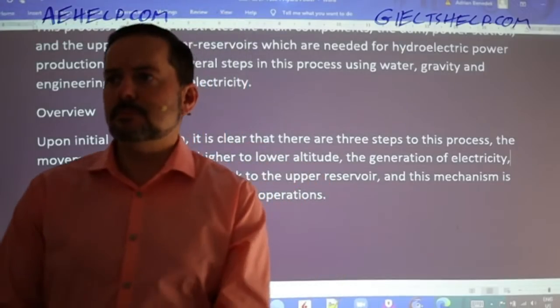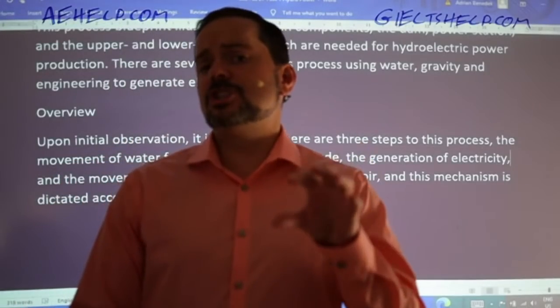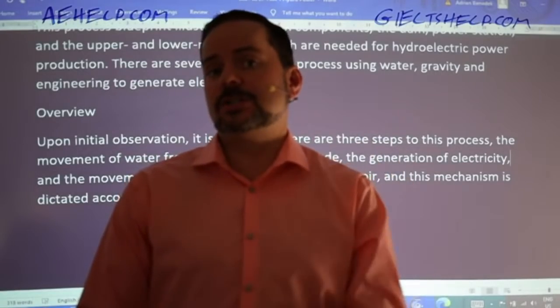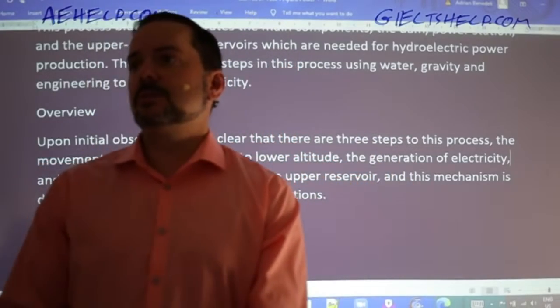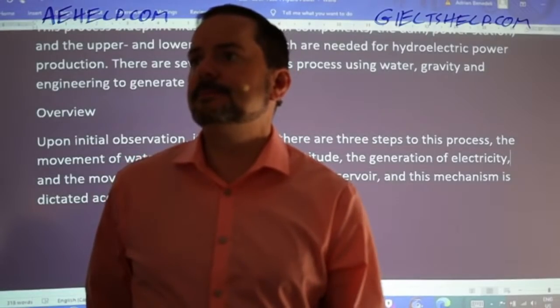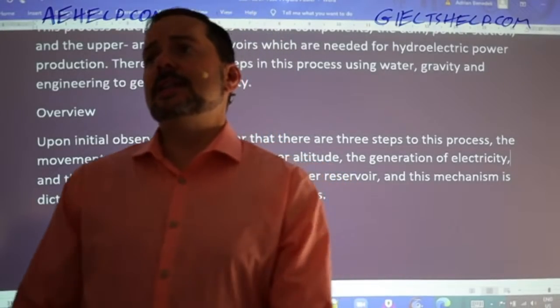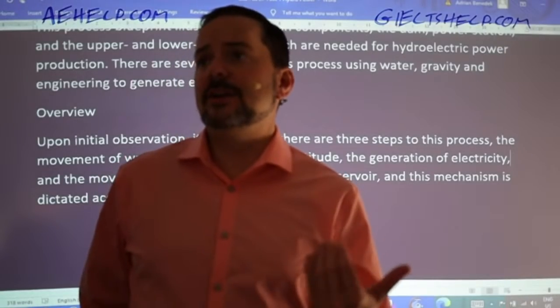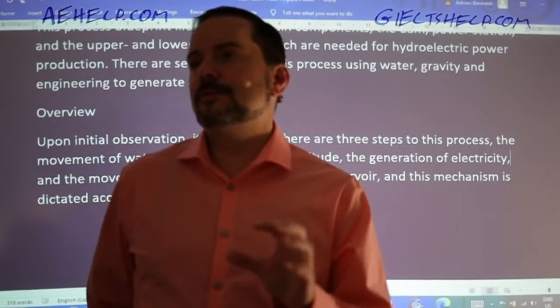At this point, just mention the overview. So what you actually see as the main parts of this process. I hope that makes sense. So again, Mohit, talking about the pump and how the pump is used to get it back to the higher altitude, that's more for the analysis.